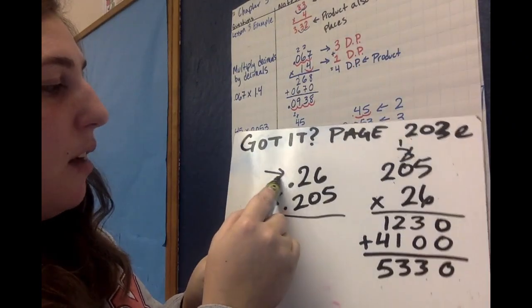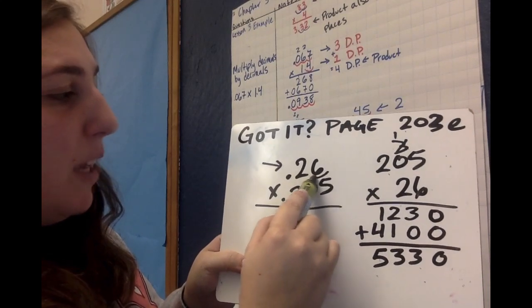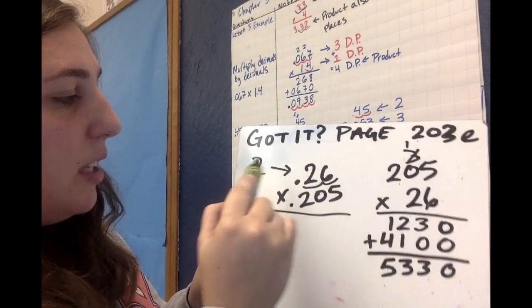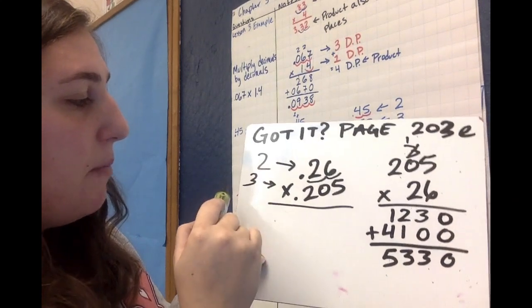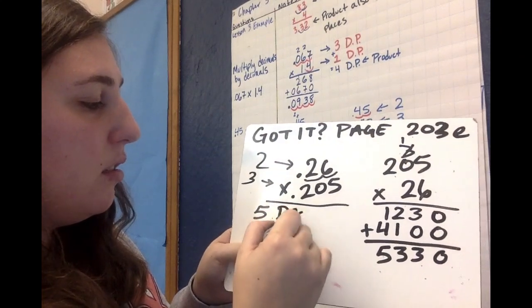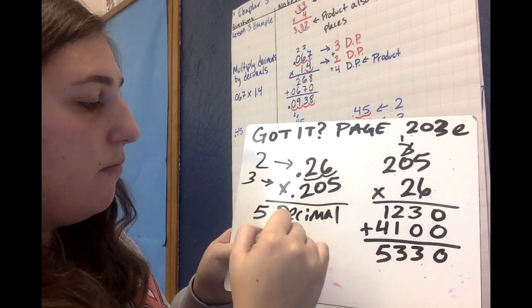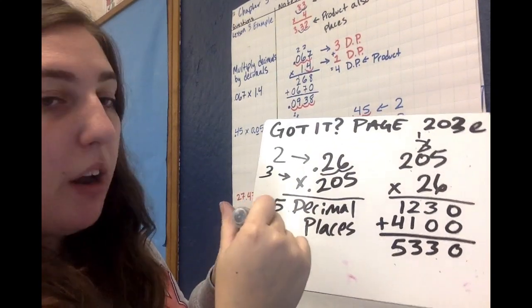All right, so this number has 2 decimal places because I'm starting from the right side. I'm making my jumps 1, 2, so that's 2. And then this number has 3 decimal places, okay? So if I add those up, I should have 5 decimal places for my answer, my product, okay?